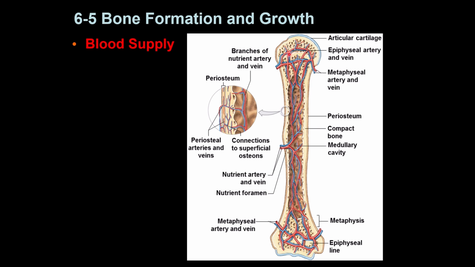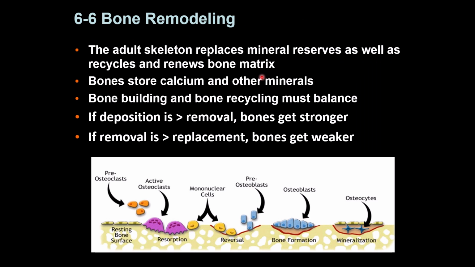But also you can see this vascularization in the epiphysis area. Some bones that are very big can also have their own blood supplies in the epiphysis area. So not a lot, but some bones may have that. For example, the femur in the thigh area.